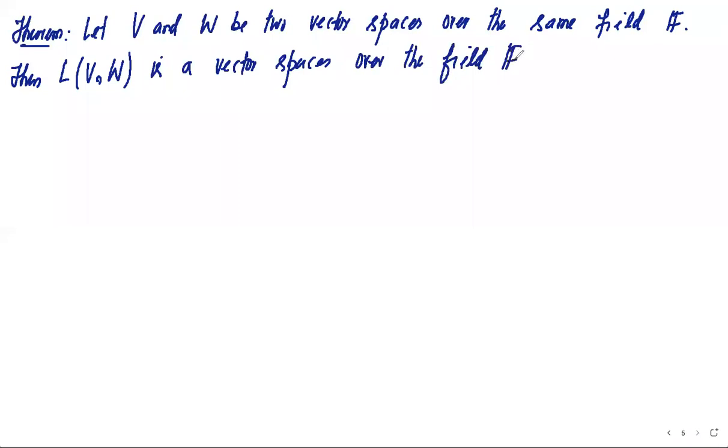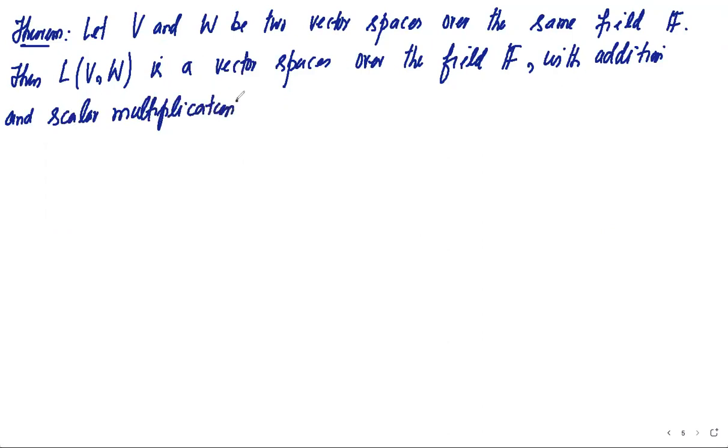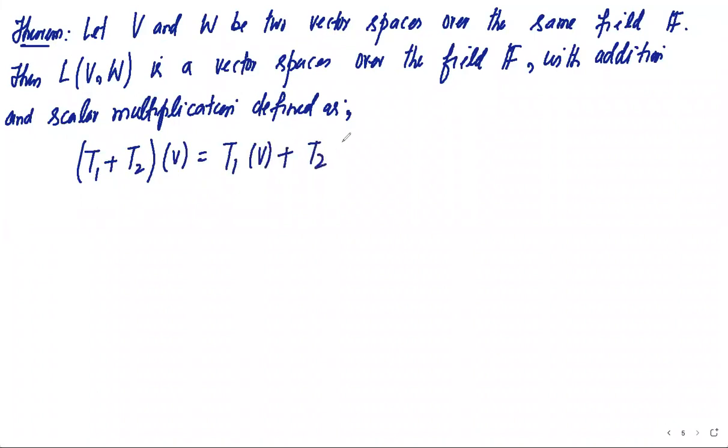L of VW is a vector space over the field F with addition and scalar multiplication defined as follows. Addition: t1 plus t2 of v is equal to t1 of v plus t2 of v.